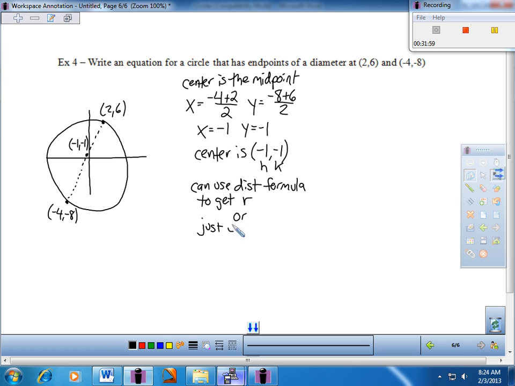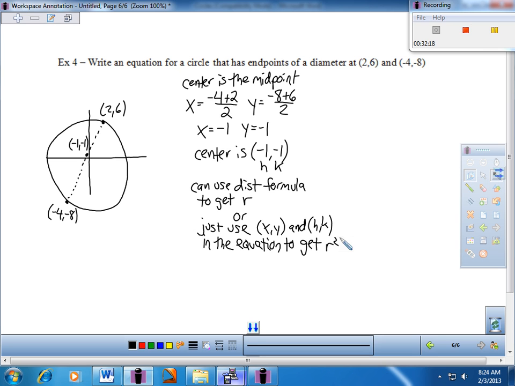Or just use x, y and h, k in the equation. And what that should automatically get us is r squared, which is really what we need because we have to write the equation. So I don't know what your perspective is looking at this particular problem. I'm just trying to throw a couple ideas out there.